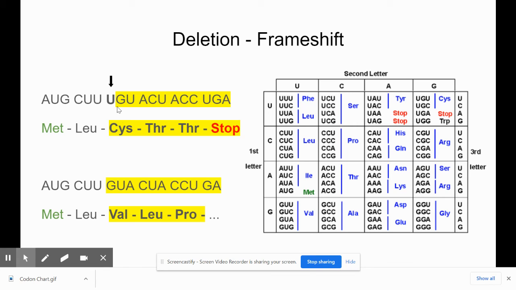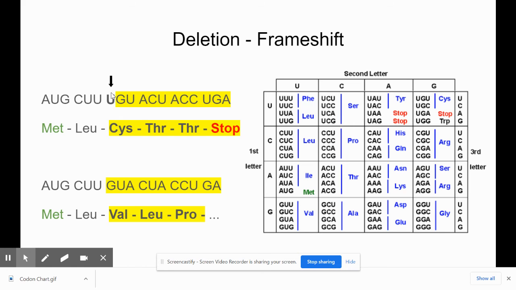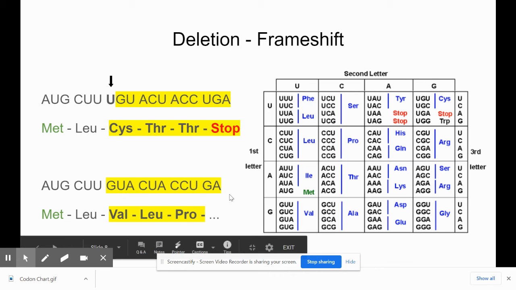So if we delete a base, and in this case, deleted this U here, the next codon becomes the GUA. Then, since it's read in groups of three, it's CUA, CCU, GA, and so forth and so on.